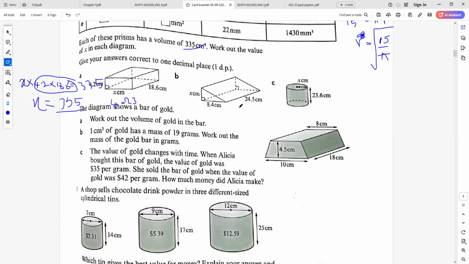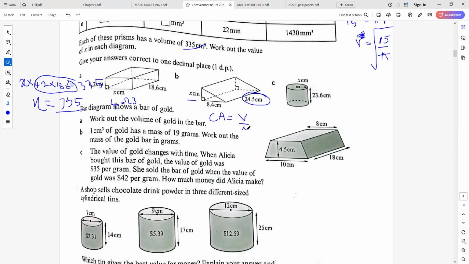Now for this case, the volume is 335. If we divide this 335 by this length, we get the cross-sectional area of this triangle. Then using the equation for the area of a triangle, we can find the value of X. So cross-sectional area is equal to volume divided by length.